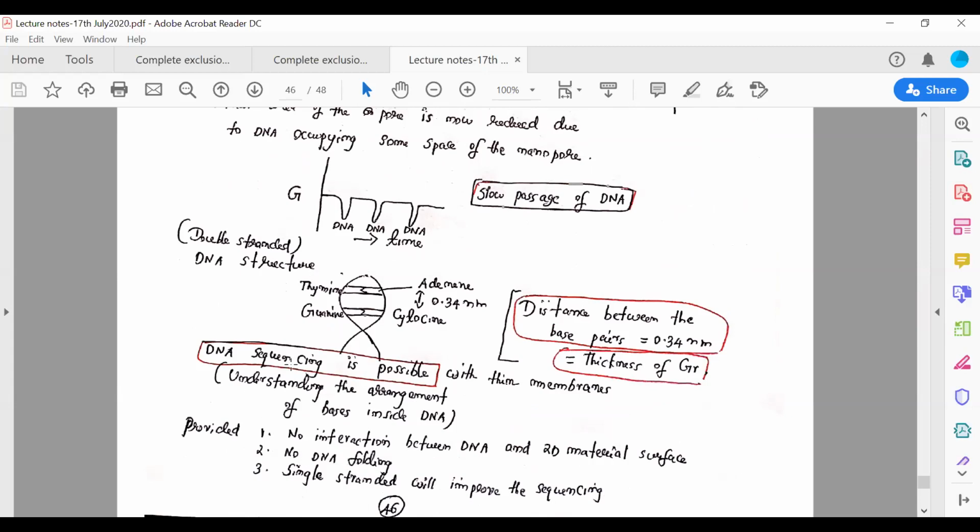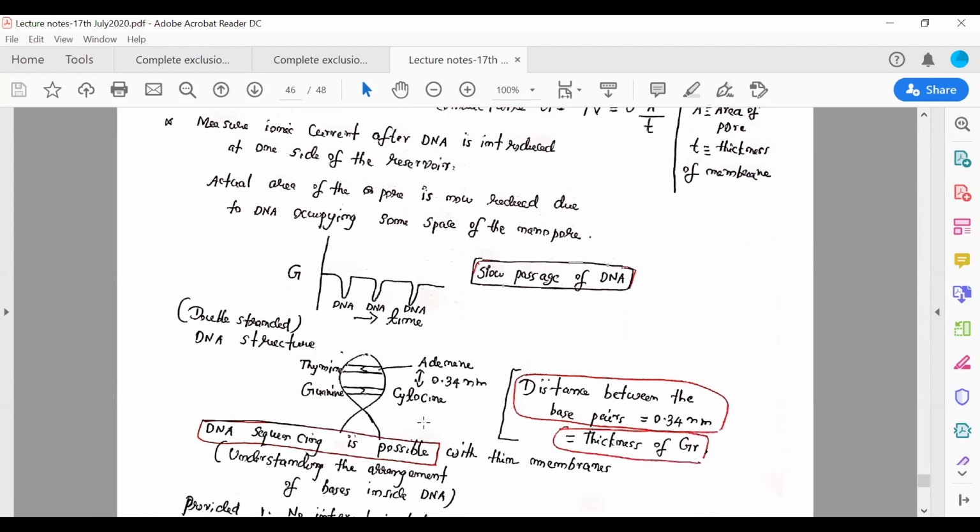So these are the basic processes we have discussed now. DNA sequencing is basically the understanding of the arrangement of bases inside the DNA. I hope you understood. You can extend this to other technologies, not only DNA sequencing, but other things also, like desalination.